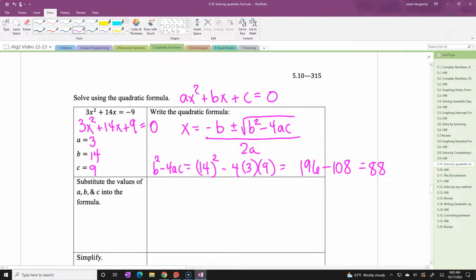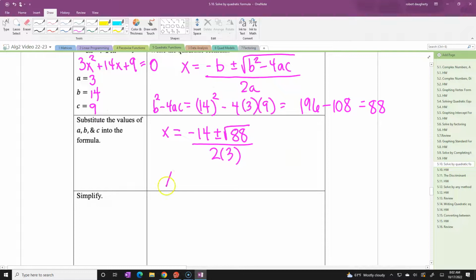So this problem becomes x equals negative b plus or minus the square root of 88 over 2 times 3. So this is x equals negative 14 plus or minus the square root of 88 over 6.